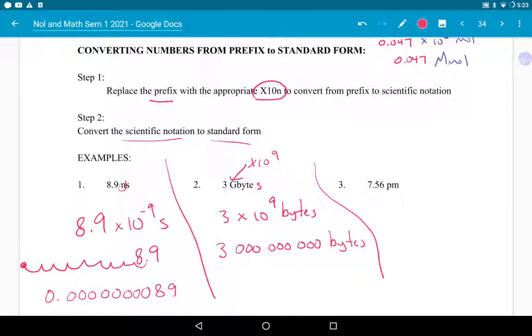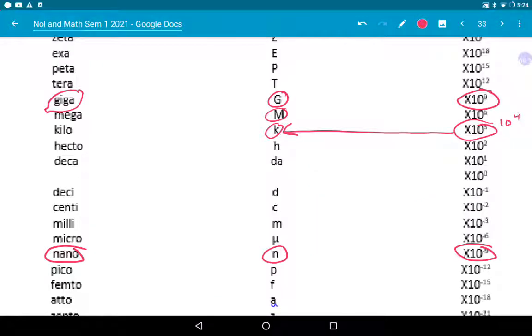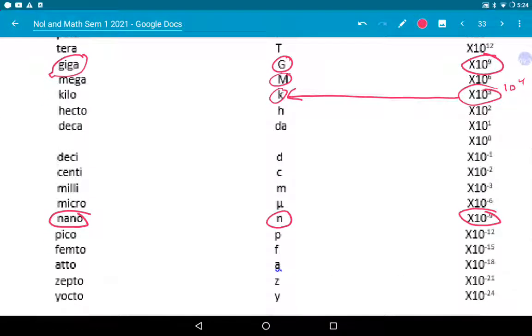And then I have 7.56 picometers. That comes up in physics occasionally. So again, 7.56 times 10 to the what meters. Let's look for it. Pico. There's the P, pico, times 10 to the negative 12.